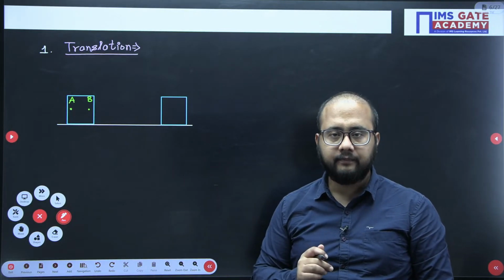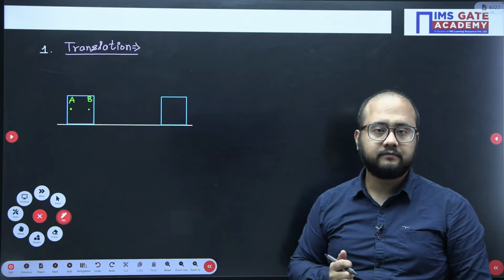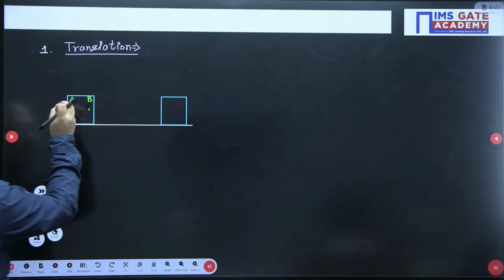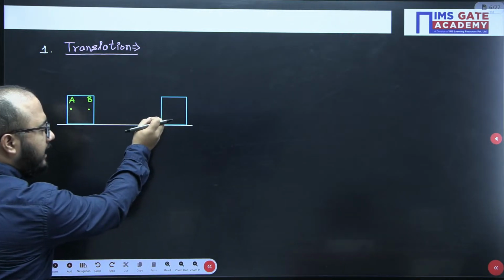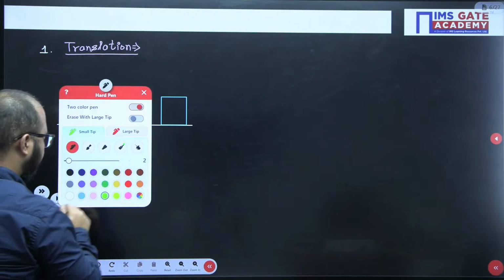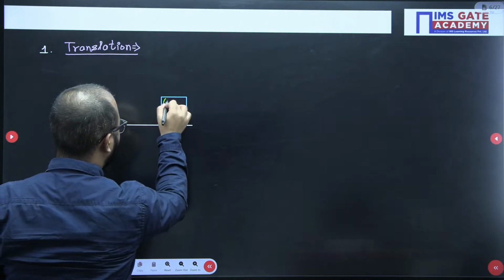Is it clear? Now while doing this straight line path, you will notice one thing, that whatever the displacement or the distance moved by point A, same distance will be moved by point B also.